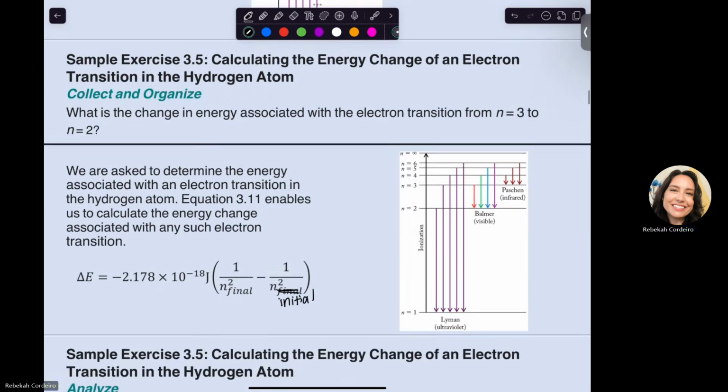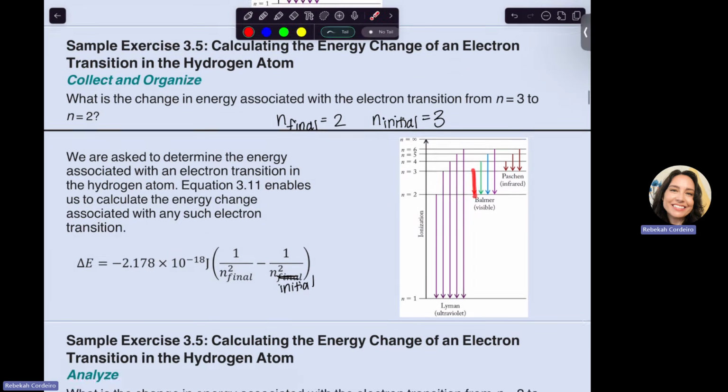So if we're going from our final, so N final is 2 and N initial is 3, we can calculate what the change in energy is going to be when we go here. And of course, if we know the change in energy, we can then later plug in to get our frequency. And then we can later correspond to a wavelength.